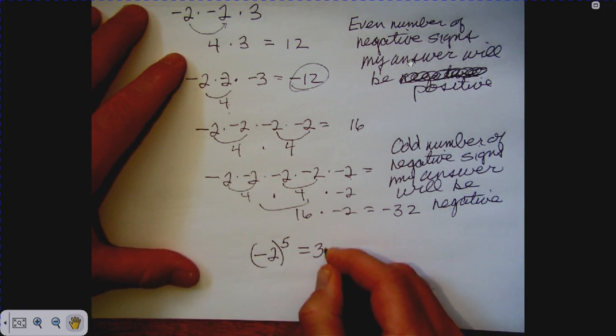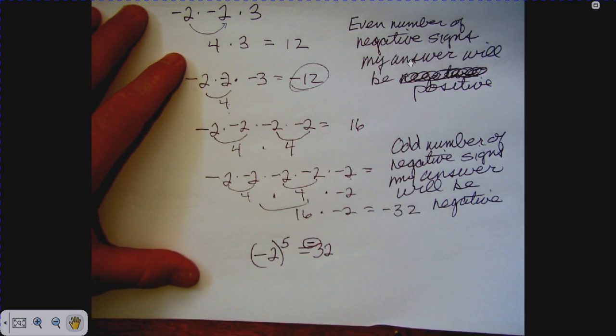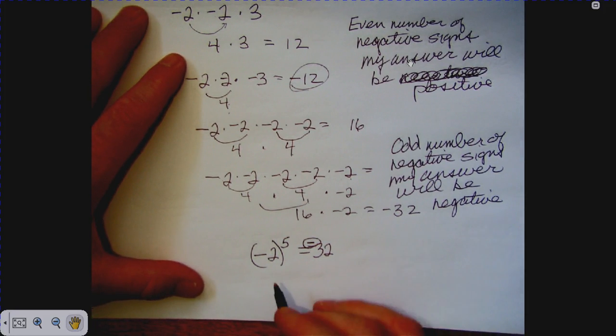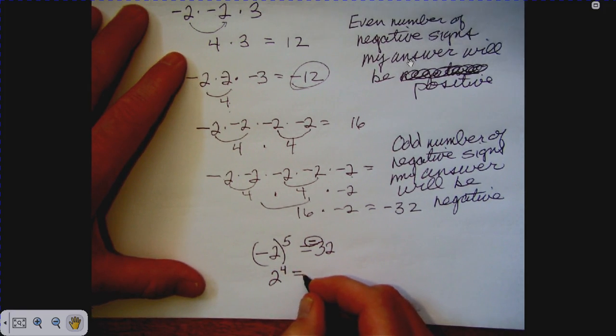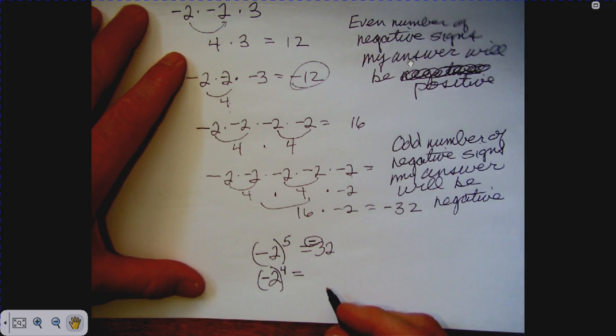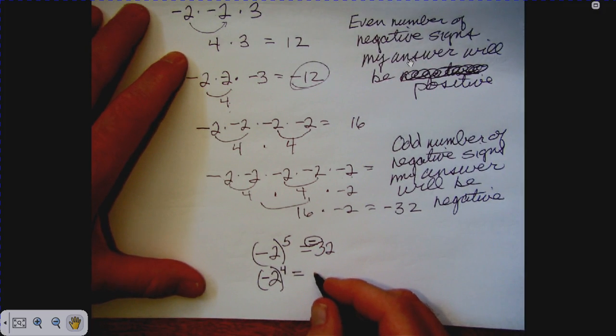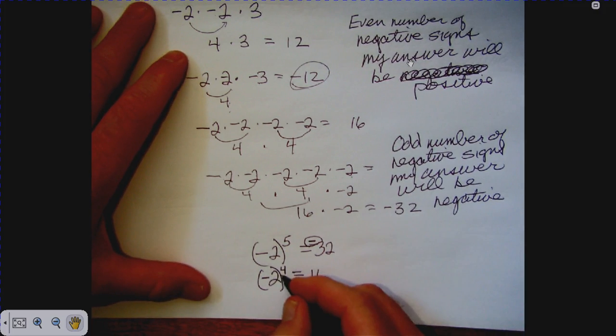So that's 32, and my answer is going to be negative because this is odd. And then likewise, let's say -2 to the 4th power is going to be 16, because it's an even number here.